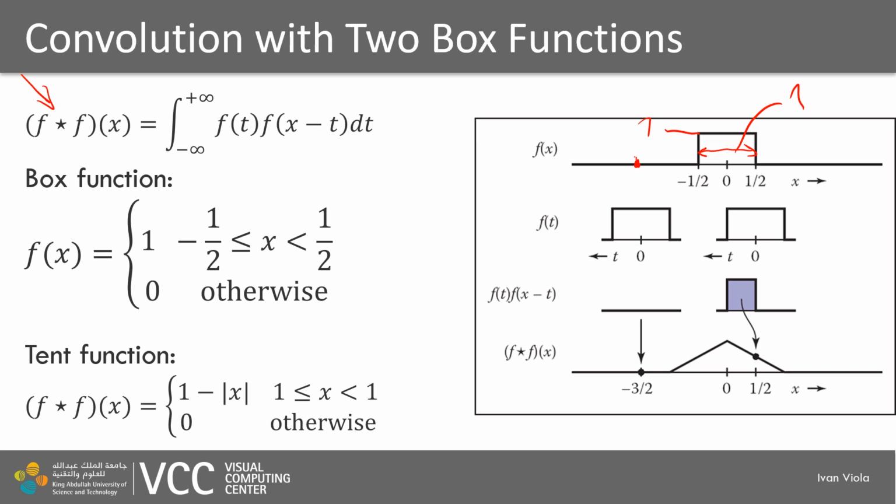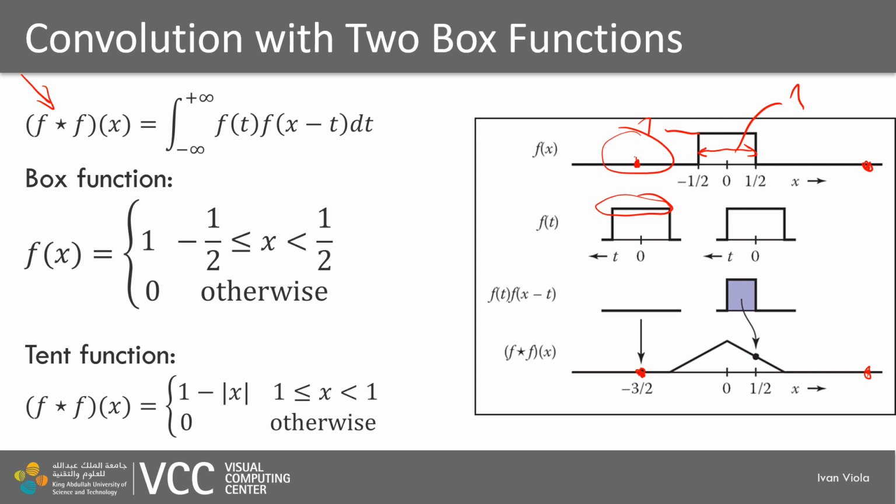At this position, we will be multiplying this box function, which is equal to 0 here, so multiplication with zeros will be equal to 0. So at this position, we will have a value 0. And the same will hold approximately here. We will have again a value 0.